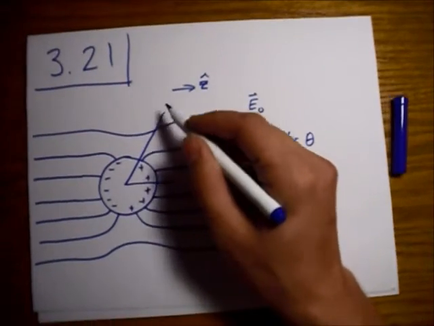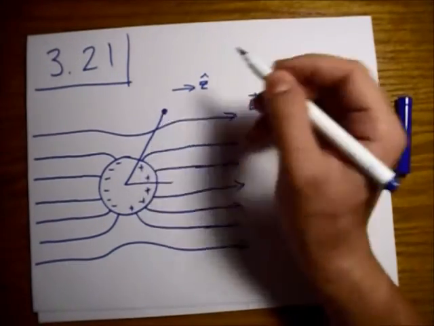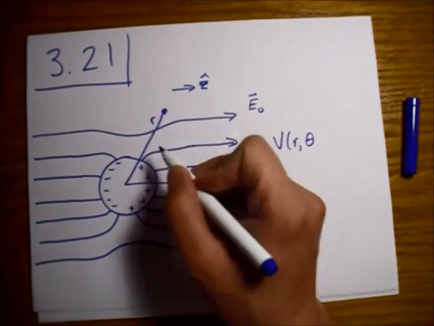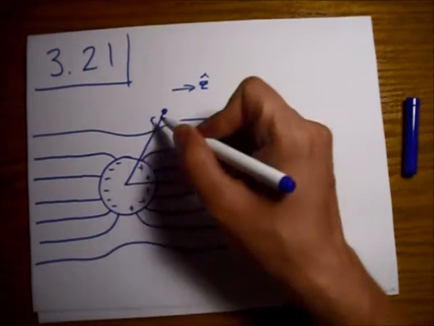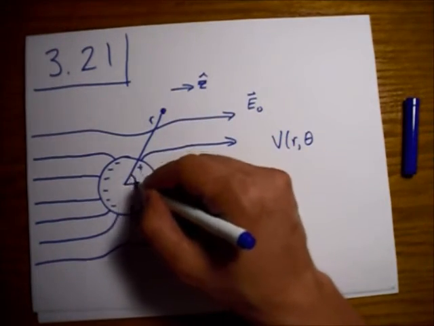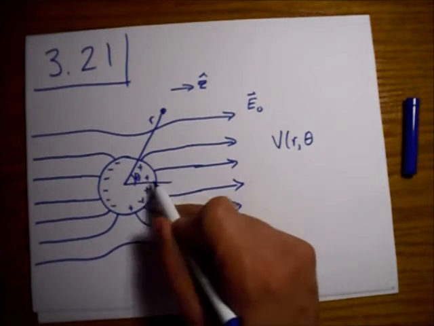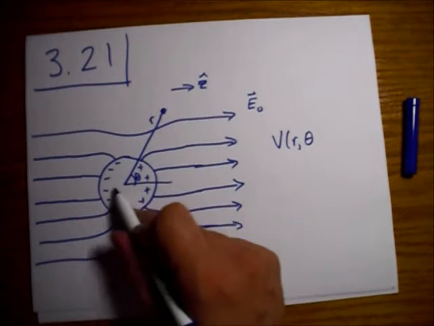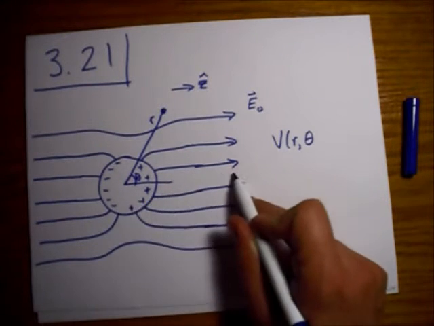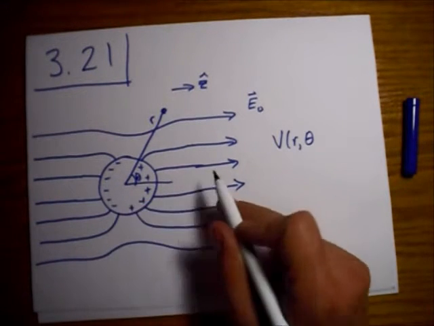If I were to draw this out to some point out here, this would be little r, this distance all the way from the center out to this point, and theta would be the angle with respect to this z-axis passing through the origin here.